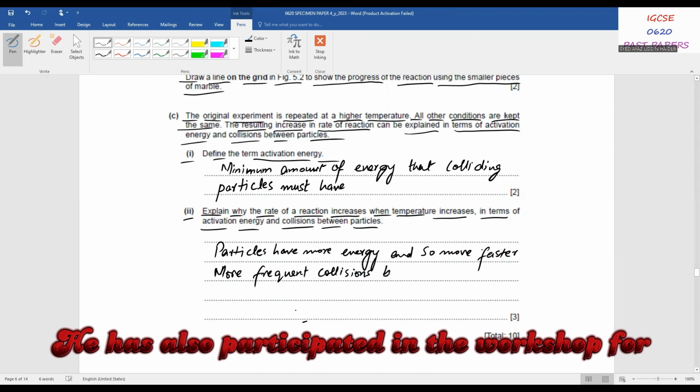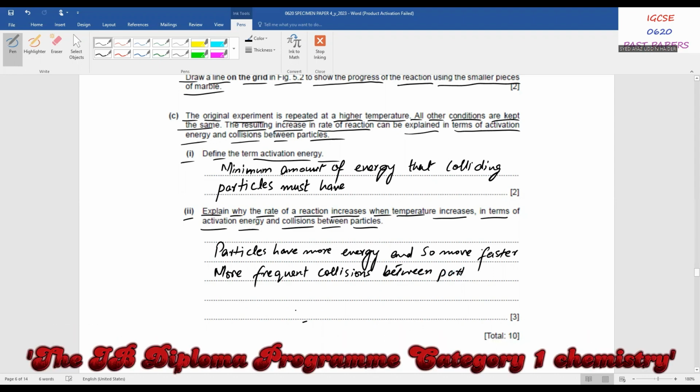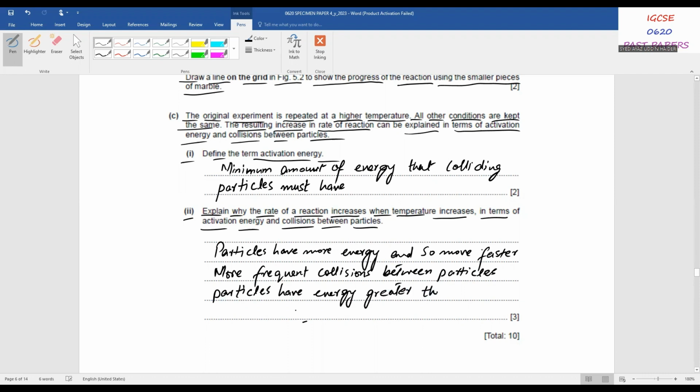You have to write between particles. Because the collision can be with the walls of the container. So that you can say particles have energy greater than the activation energy, the EA or activation energy.